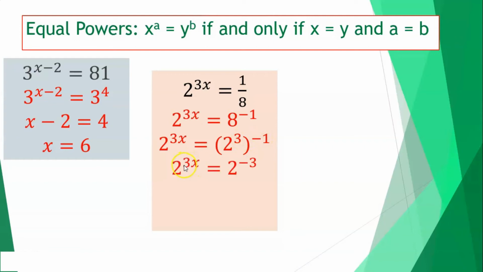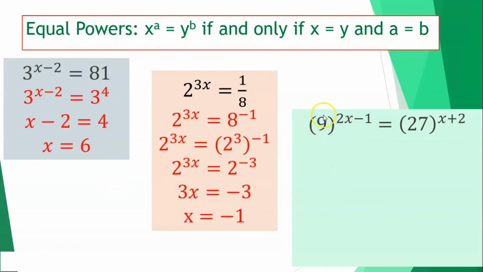So simplifying this is 2 to the power of 3x. And 3 times negative 1, it's negative 3. So at this point, the bases are equal. So we can equate the powers, which is 3x is equal to negative 3. So simplifying, divide the entire equation by 3. So x is negative 1.